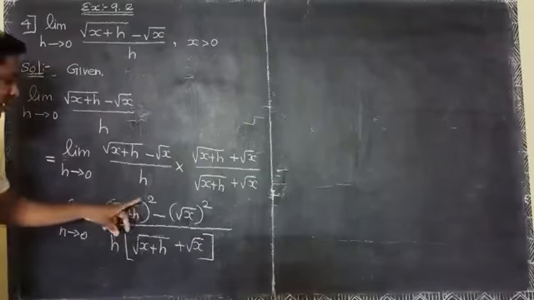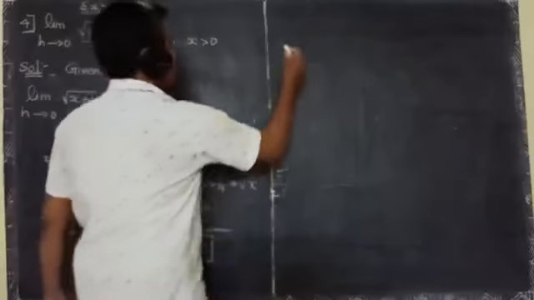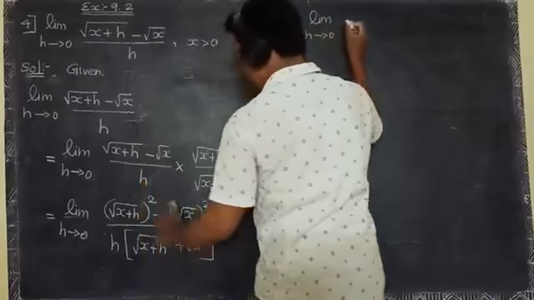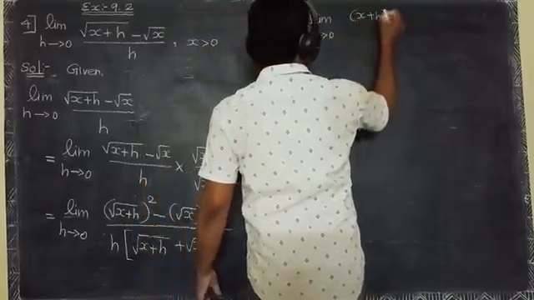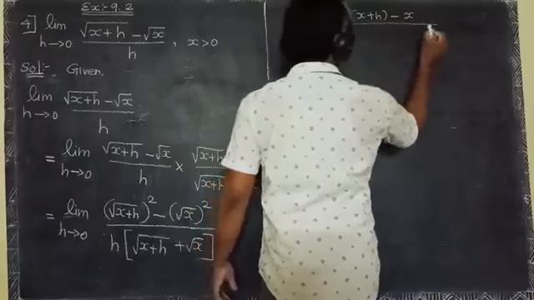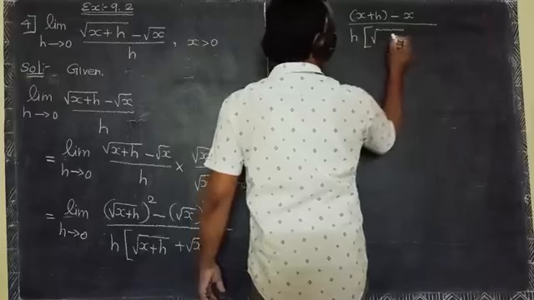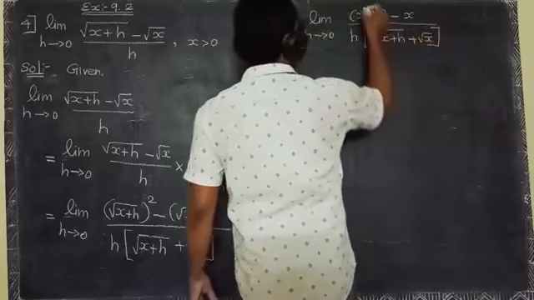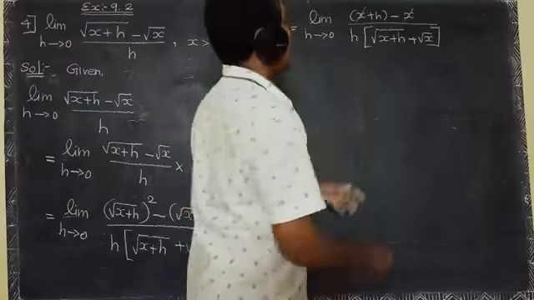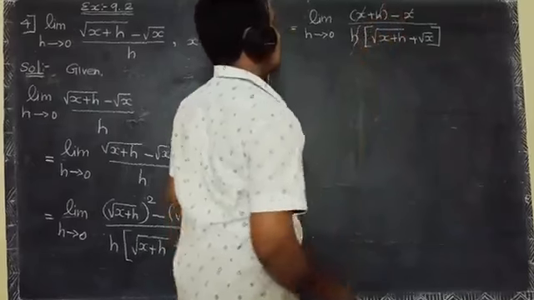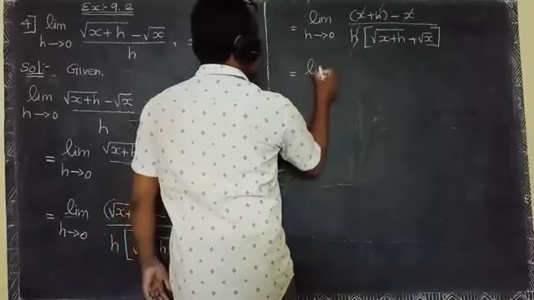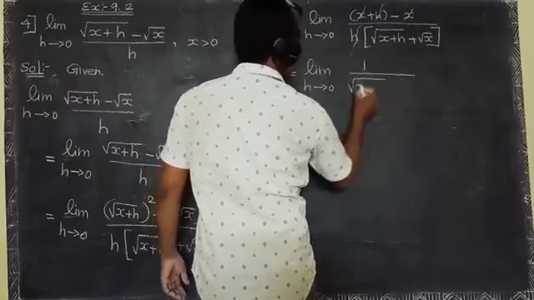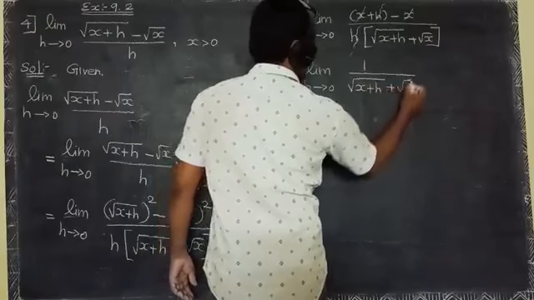Then in the numerator the square roots are cancelled. That is limit h approaches 0, numerator x plus h minus x, divided by h into square root of x plus h plus square root of x. Here plus x minus x are cancelled, then h is cancelled, and the remaining is limit h approaches 0, 1 divided by square root of x plus h plus square root of x.